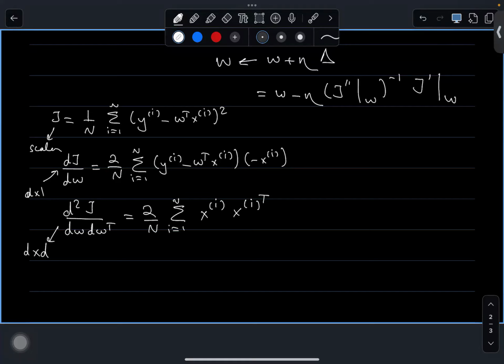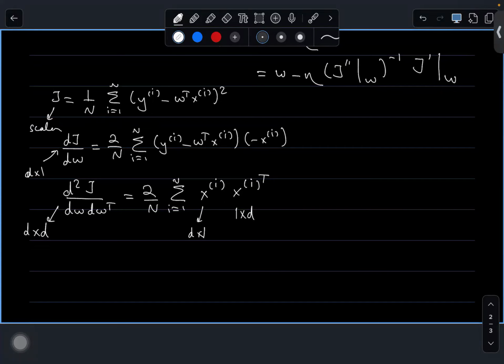I'm going to show you why that's required. Look at the size of x. What is the size of x? X is of size D, a D by 1. This becomes a 1 by D, and so x times x transpose is of the proper size, D by D. So that's the second derivative of my cost function.